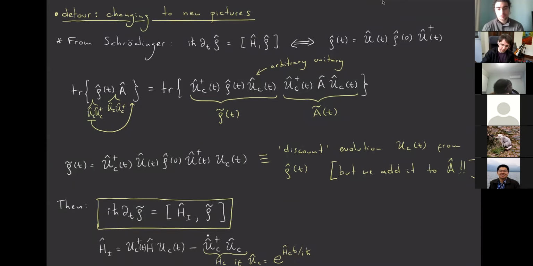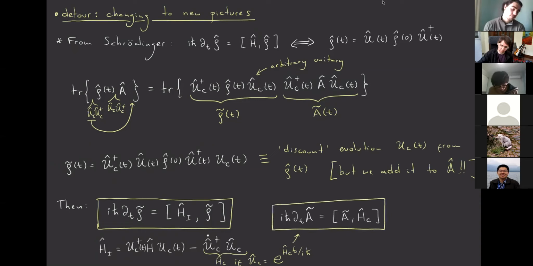So in this situation, the evolution of the observables is given by this equation, which looks like the Heisenberg equation, but it has as a Hamiltonian just the transformation Hamiltonian, so the Hamiltonian that you are using for doing the change of picture, H_C.